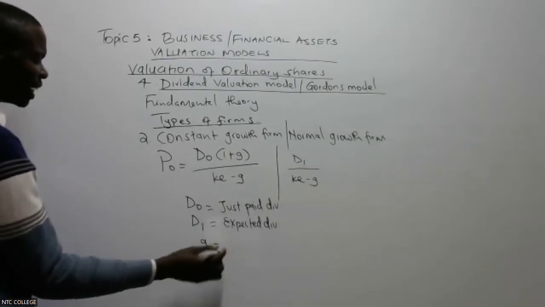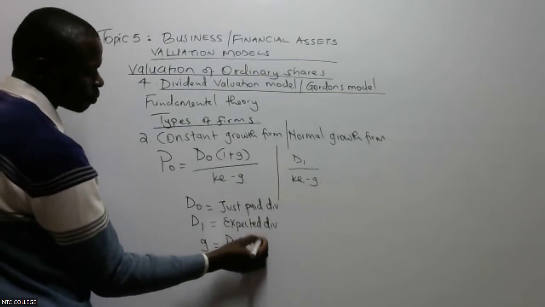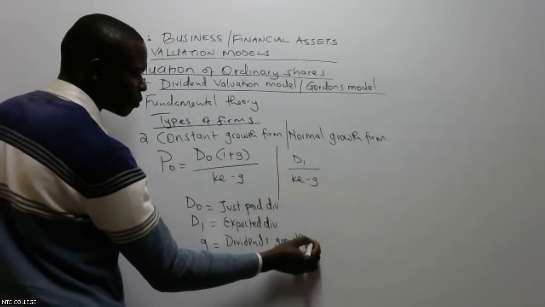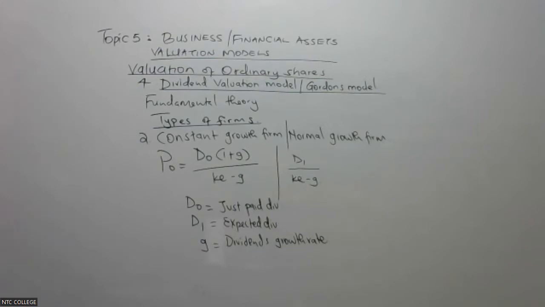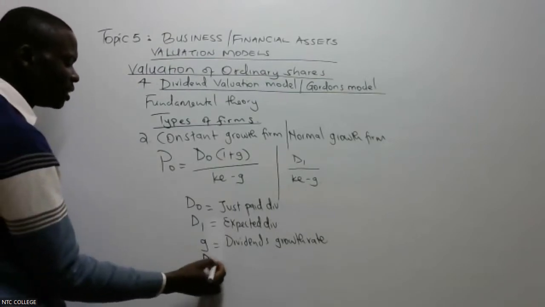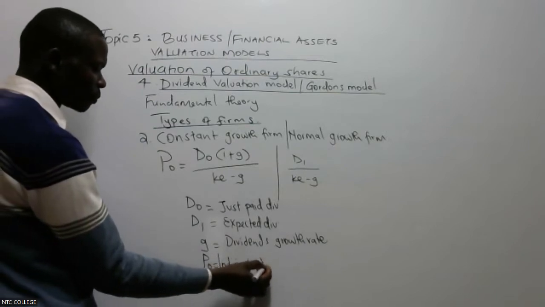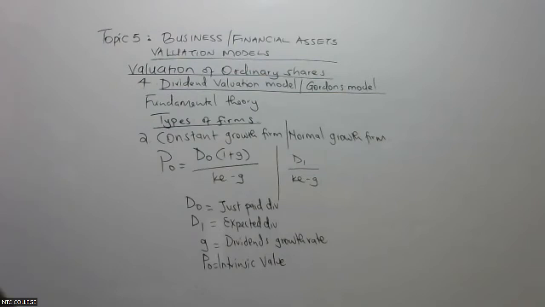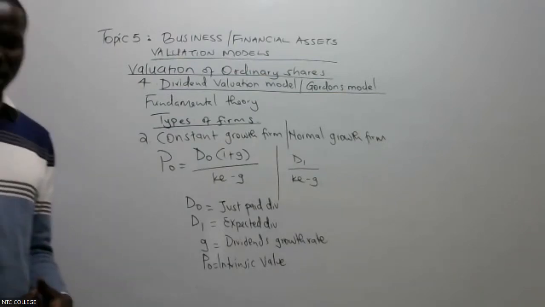You can call it the dividend growth rate, and P0 is the intrinsic value. Are we together up to that point?